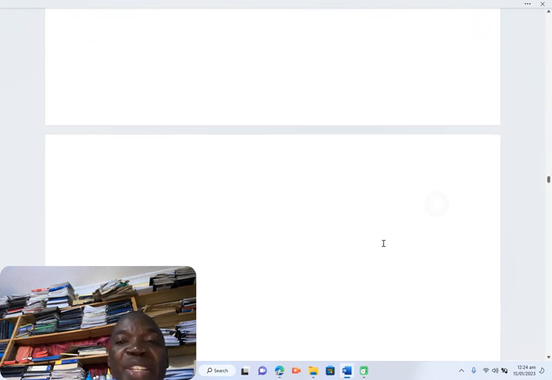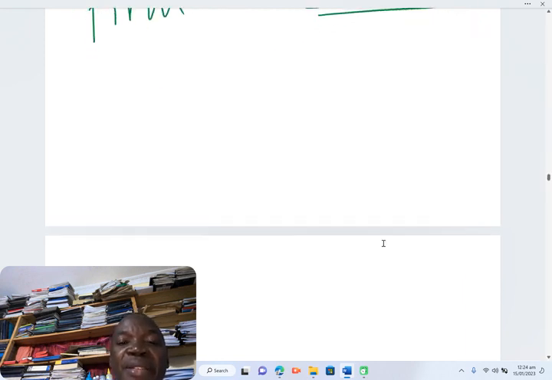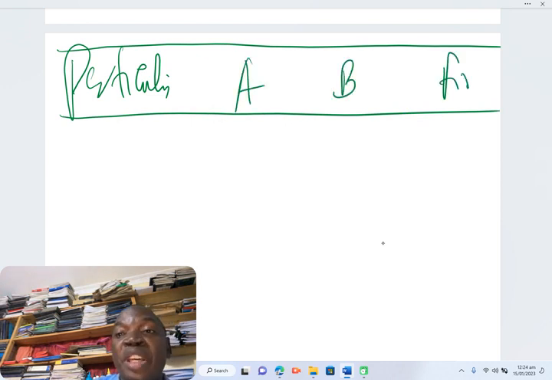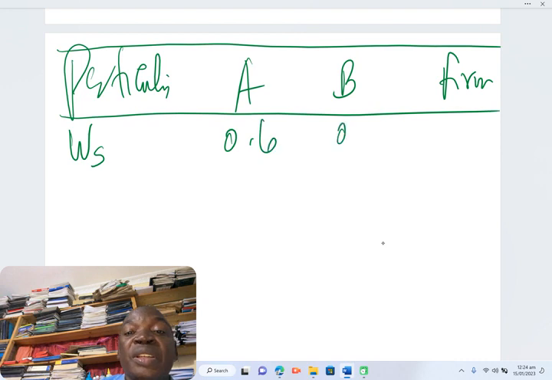So the way it works, you can summarize it here. In a summary, the particulars are here. It's very simple to handle. So we have product A, we have B, and we have the firm. Therefore, ratios, weight fraction, 0.6, 0.4.